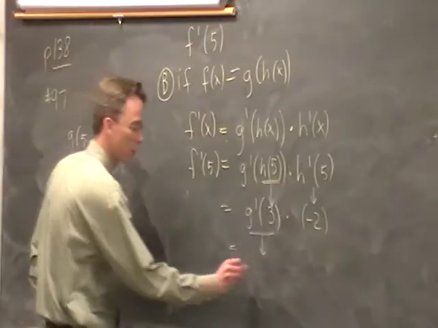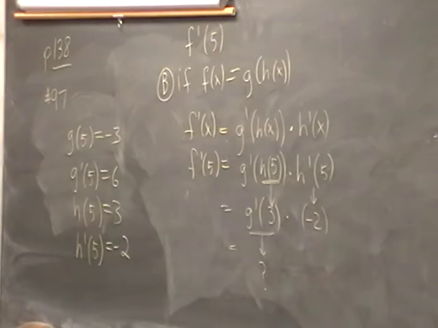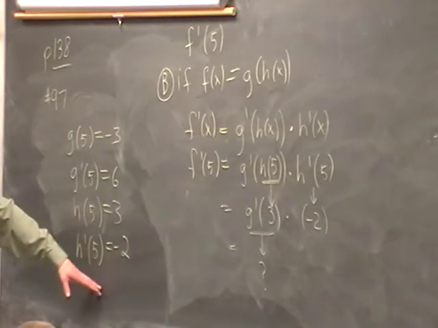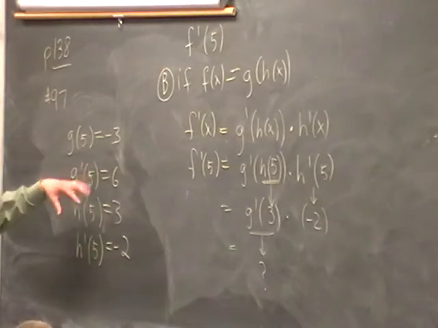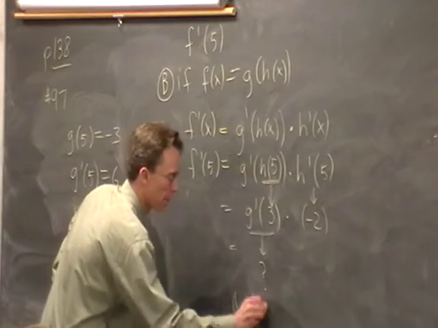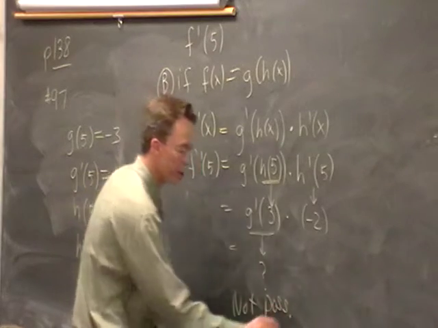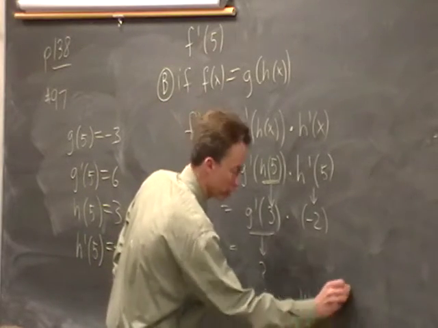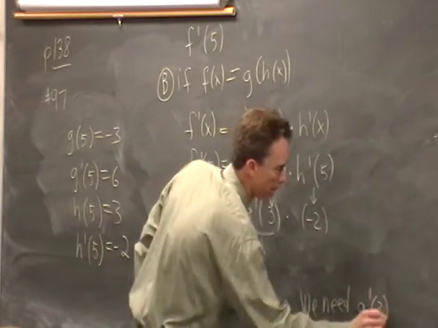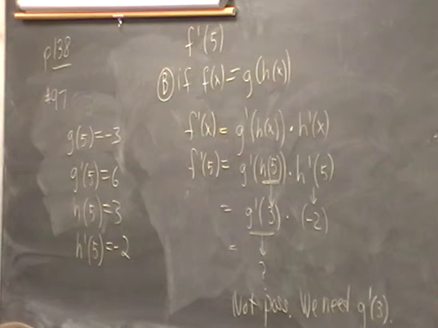They don't give us g prime of 3 in this handy dandy list. So in the context of this problem, it's not possible, because we need g prime of 3. Sly dogs there.